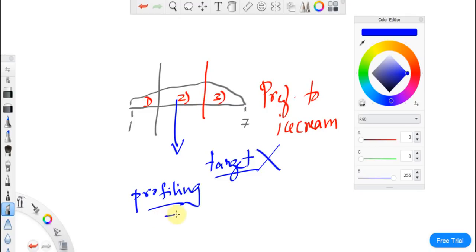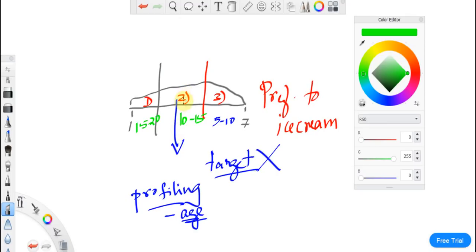For example, if you are taking a profiling variable like age, and you are mapping the ages of these three segments, and you find that this segment comes in the age group of 5 to 10, this comes in the age group of 10 to 15, and this comes in the age group of 15 to 20, for example.